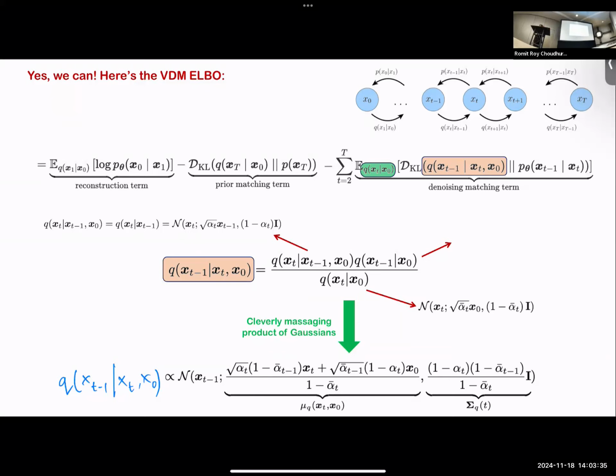I'm not 100% sure, but I think this also makes an assumption that t plus 1 and t cannot be big jumps. You need many t steps to go all the way to white noise. If you take big jumps, then I think that assumption fails, not 100%.